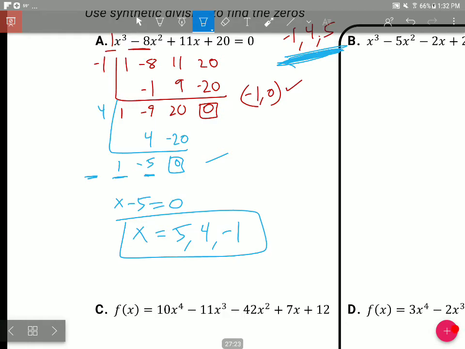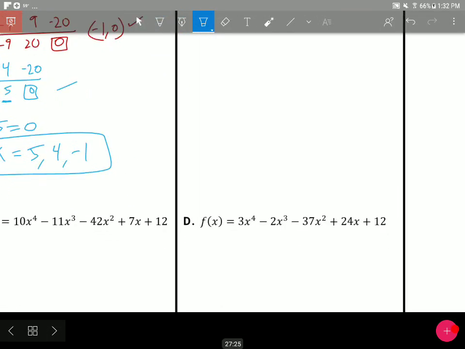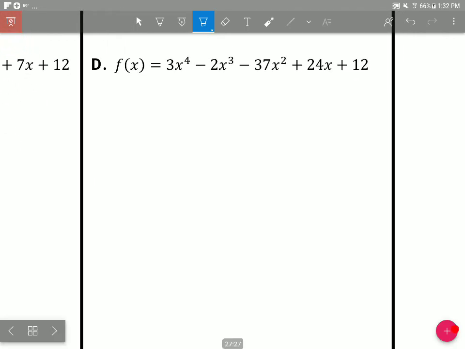So I'm going to move down to letter D. I want you to put this in your calculator, exactly like you see it, and then go to your table. Look to where y equals 0.